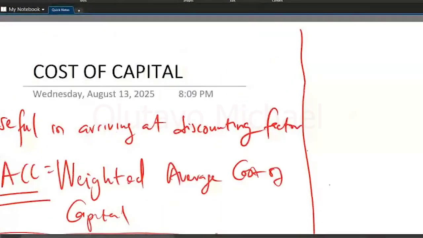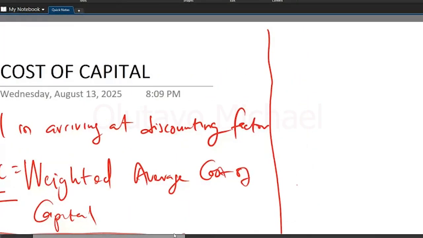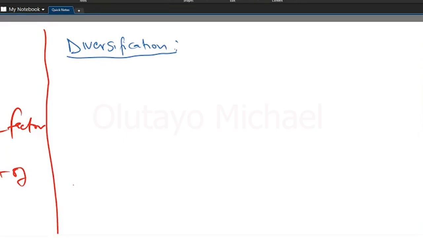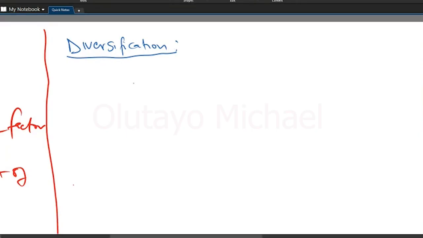So where can we face a challenge with beta, under capping, during diversification? Anytime there is diversification, we need to separate beta of equity from beta of assets. How? Let me say, for instance, I am currently in the water business. I produce water, and the water has business risk and finance risk.